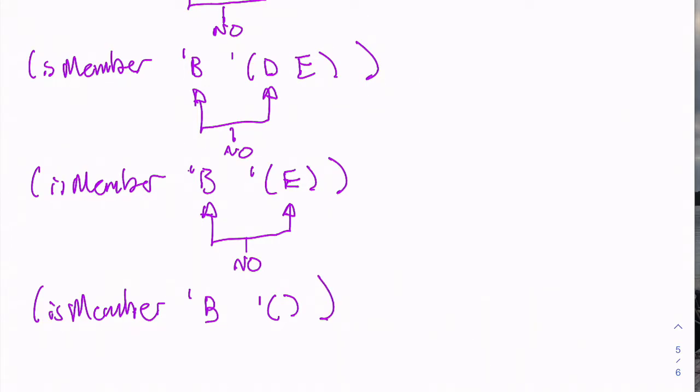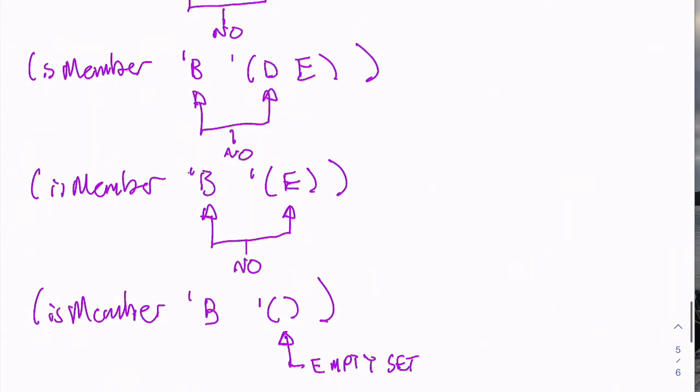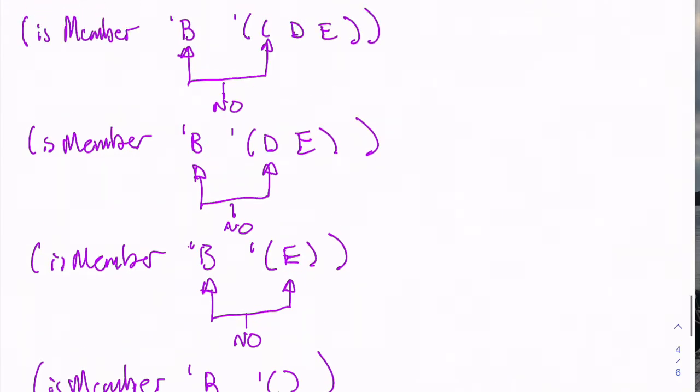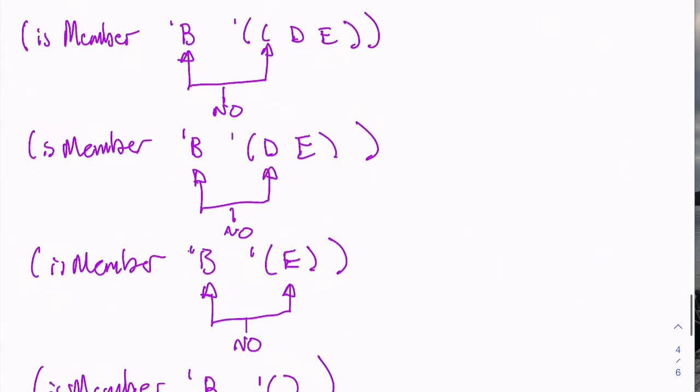So when we are doing an isMember of our value and we have the empty set, what we should do, that means we should stop, right? Means we didn't find what we were looking for. Okay, so we clearly have evidence here of recursion, right?